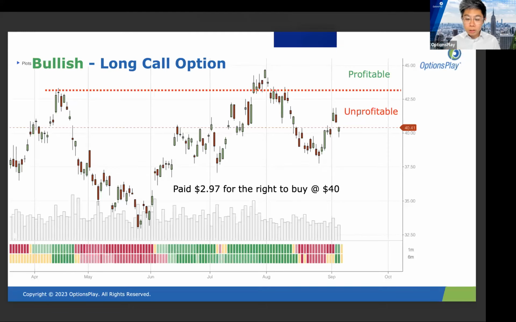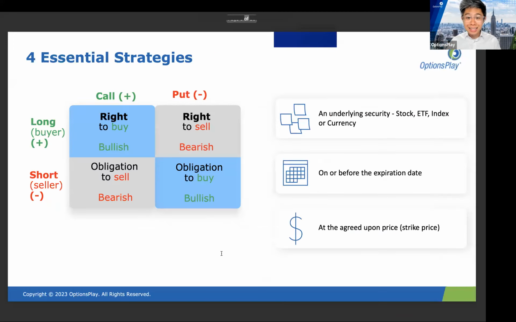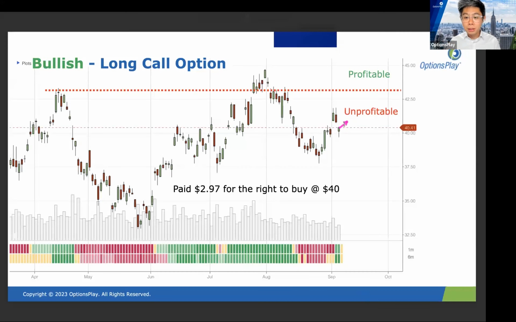You have to look at what's the break-even price of the call option that I'm buying, and that's going to help you determine whether or not it makes sense to buy that call option, because I have to believe the stock is going to be above that price by the expiration date before it makes sense for me to buy that call option. So bullish, in my opinion, is not an accurate enough statement for a call option.